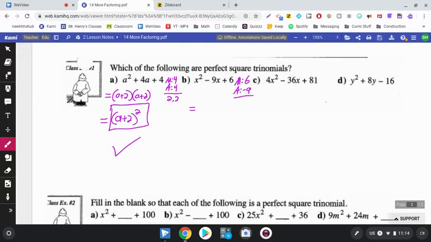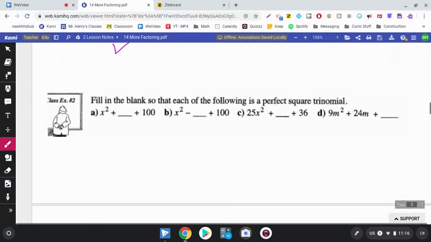That's not even something that I could factor. There's no product that multiplies to 6 but adds to negative 9. So that is not factorable. So it's certainly not a perfect square trinomial. And that's all we're going to do. So if I ever ask you if something is a perfect square trinomial, factor it and see if you get the same two factors, and that's all we need to do.